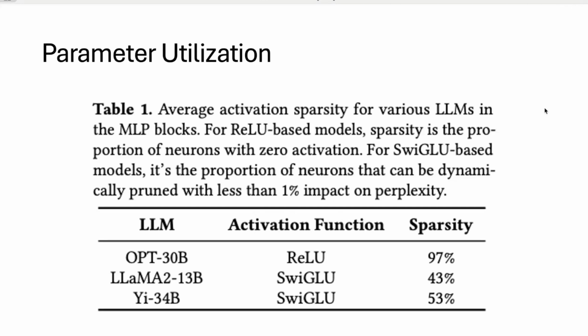People find that for various LLMs, and the example shown here is just 30 billion, and I guess if you increase it to 300 billion the sparsity will be even higher, the majority of the neurons are actually not activated. Basically they give zero output, so they're not activated per inference.